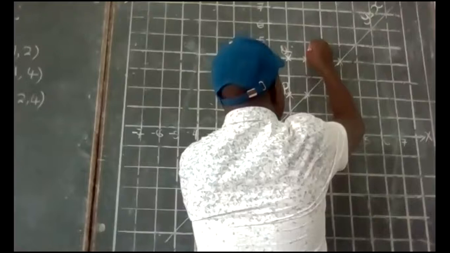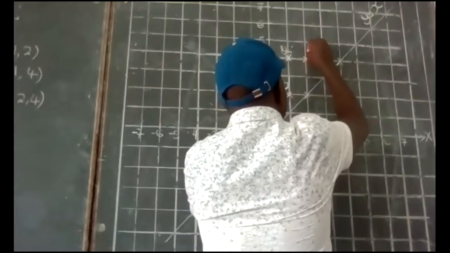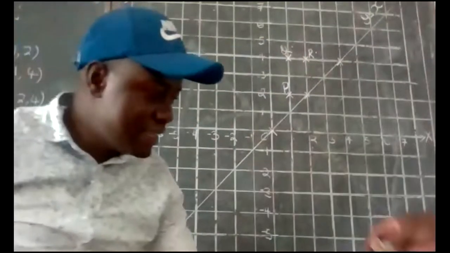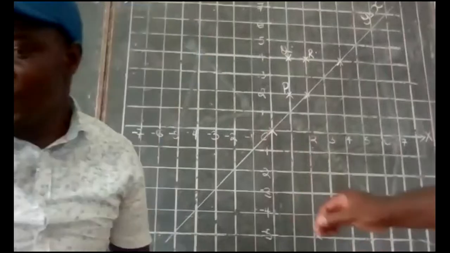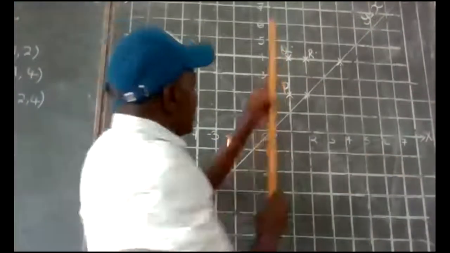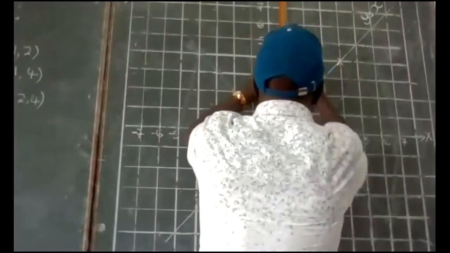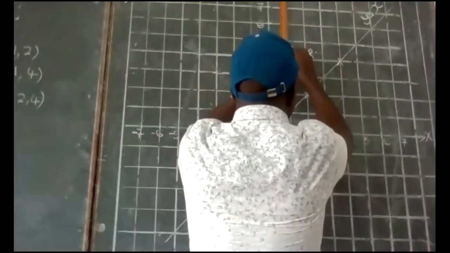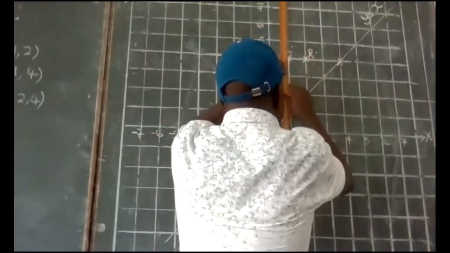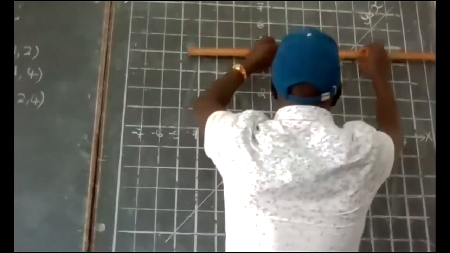This is our point R. After getting it, I join the plotted points to get my object triangle. It is this one.